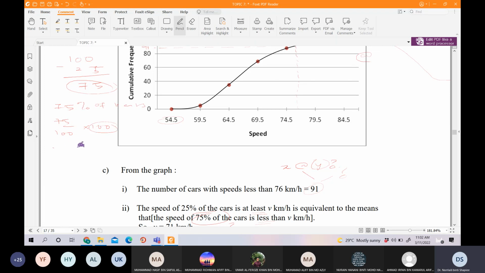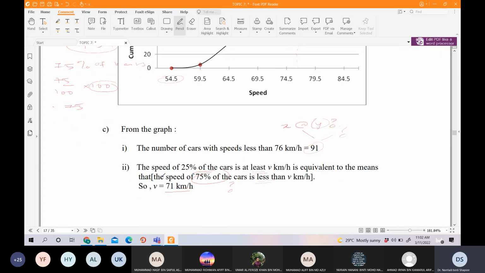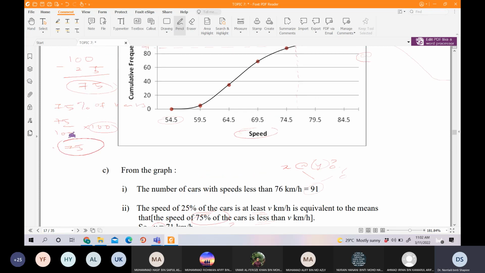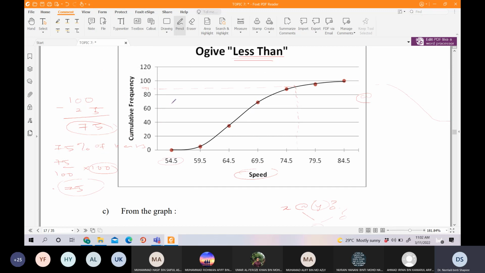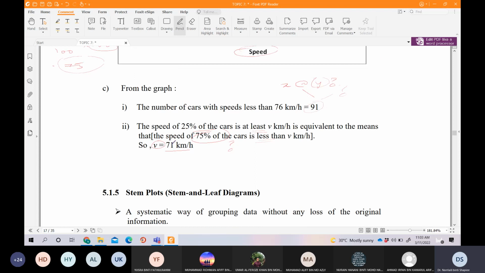Then you will get 75. Okay. So now what does it ask us to find? It asks for V. So when finding V, automatically you have to look at the x-axis. So where does this 75 come from? Here. So let's say this one is our 75. Okay. So 75, you got this one. So the estimate is equal to 71 km per hour.